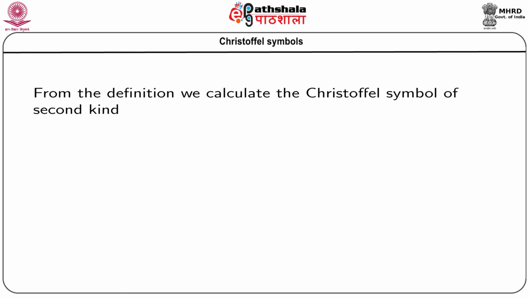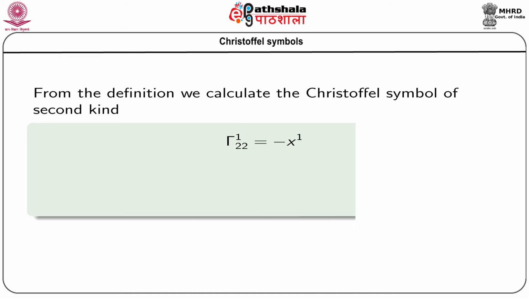So, from the definition of Christoffel symbol of second kind, we get Γ^1_{22} equals to minus x1 and Γ^2_{12}, that is equal to Γ^2_{21} by the property of Christoffel symbol.